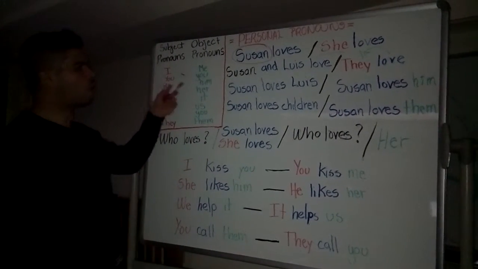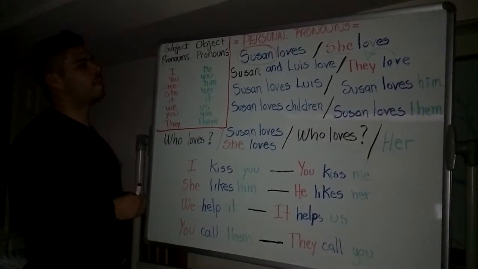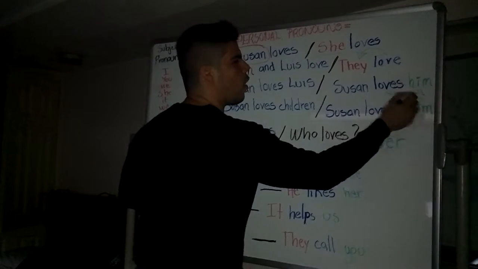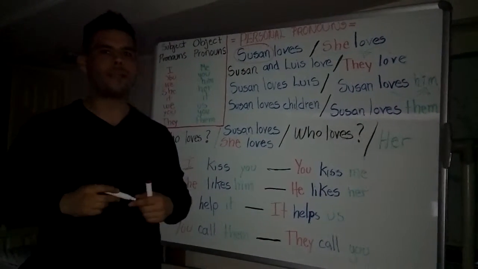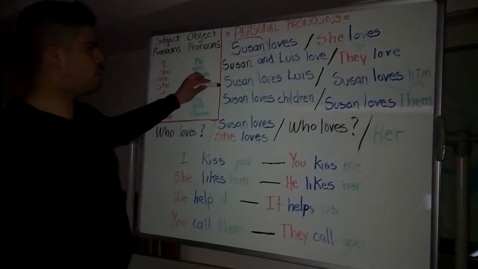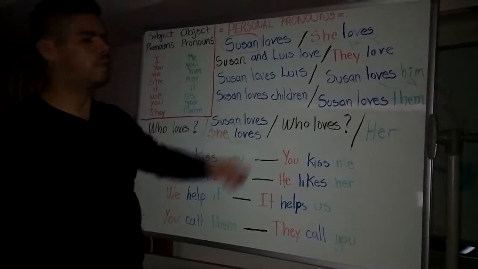When it comes to object pronouns, we'll find them after the verb. Object pronouns always receive the action. When we look at this example, Susan loves Luis.